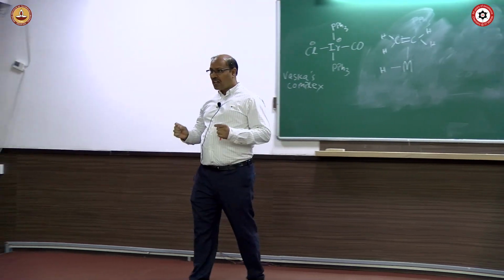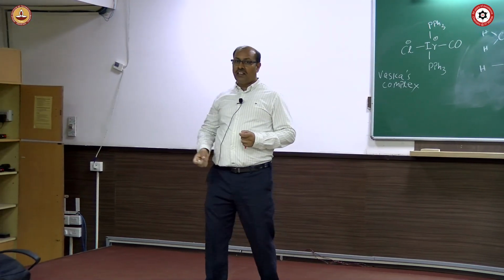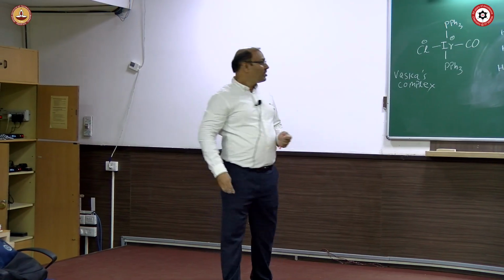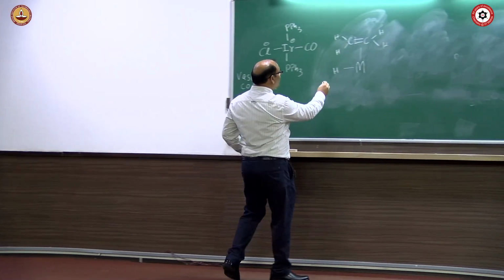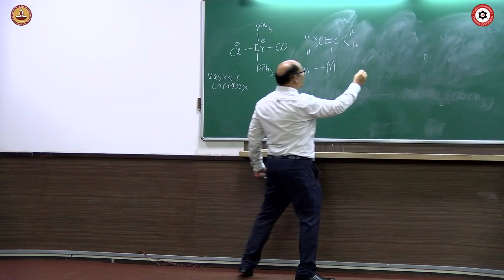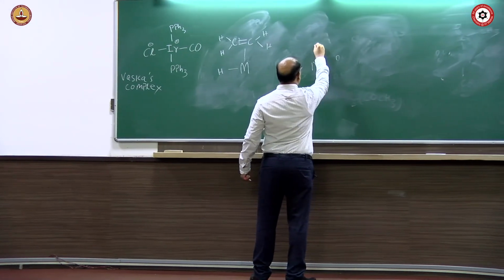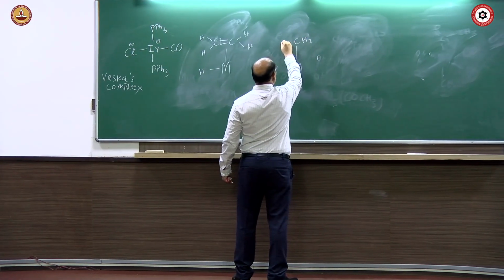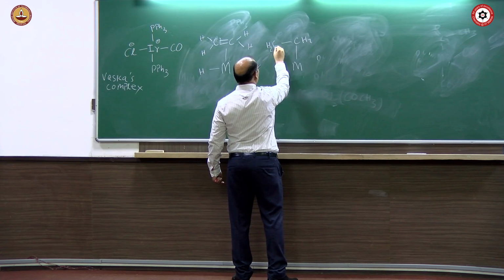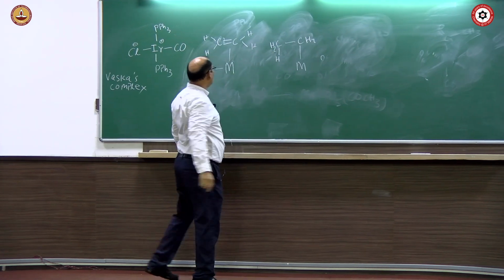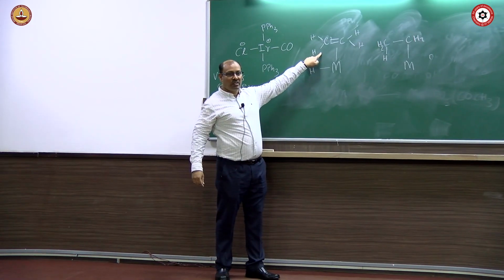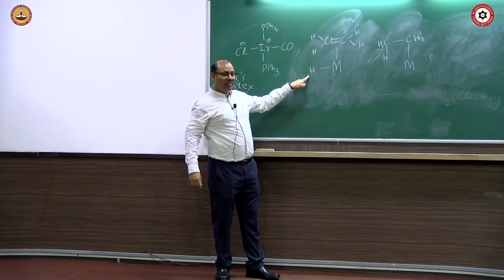If a carbon-carbon double bond is connected to metal and in the cis position there is a hydrogen atom, sometimes this migration can happen, making CH2, carbon-carbon double bond and one hydrogen.